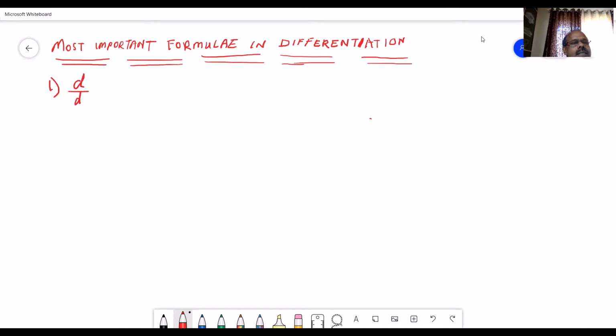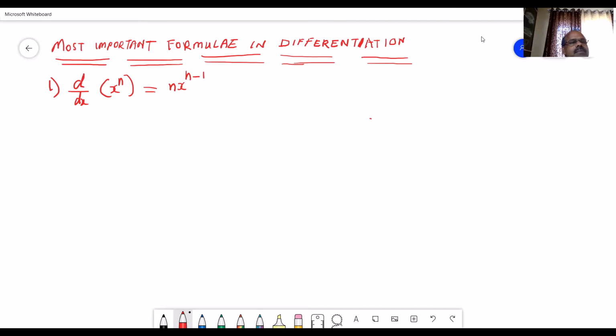Okay students, the first one that we have done is the differentiation dy by dx of x raised to n. This is the most important one. We have proved that this comes as n x raised to n minus 1. It means that if n is 3, then the answer will be 3x raised to 3 minus 1, that is 3x raised to 2.